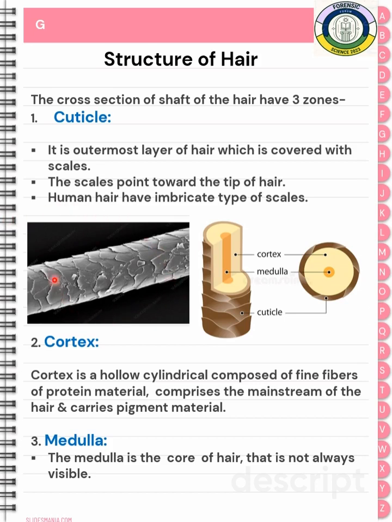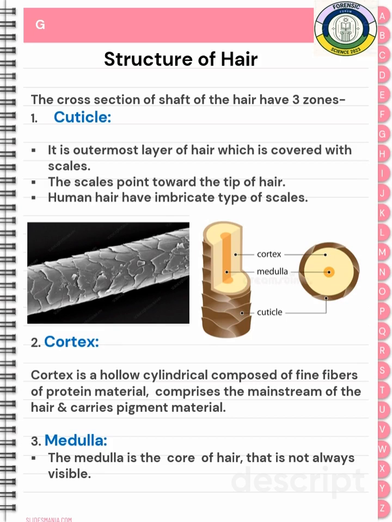This image shows the imbricate type of scales on the surface of the hair, while this image shows the brown outer layer as the cuticle, the middle layer as the cortex, and the orange central or innermost layer as the medulla.